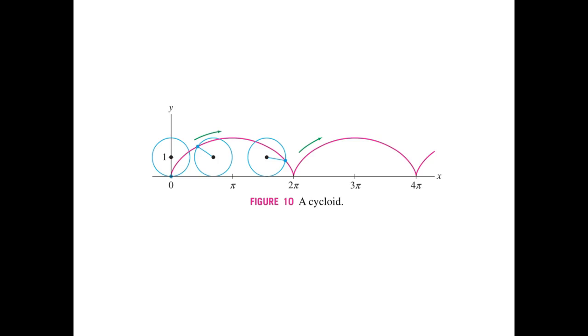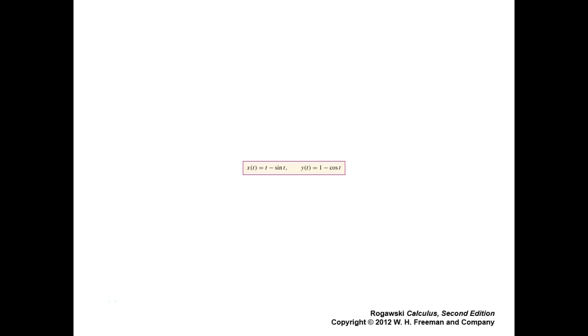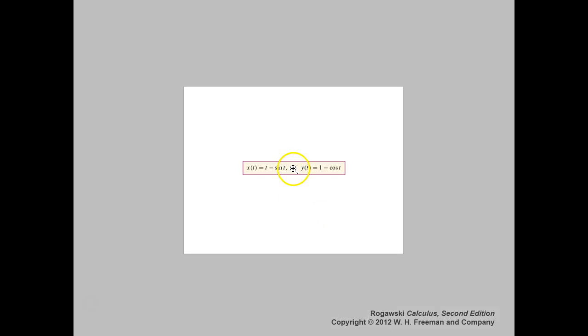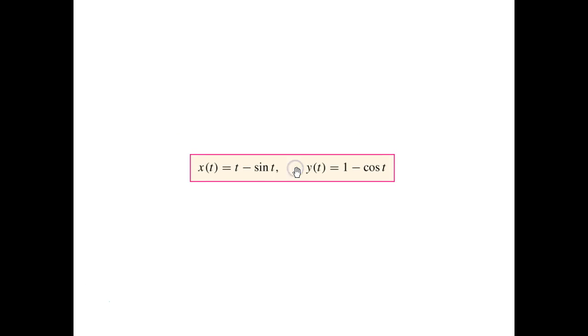So this is a cycloid. Here are the equations for that cycloid, okay? And this is for the upright one like we just saw. It's hard to see. x is equal to t minus sine t.